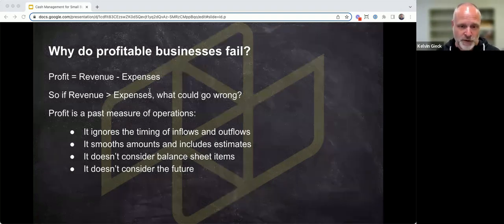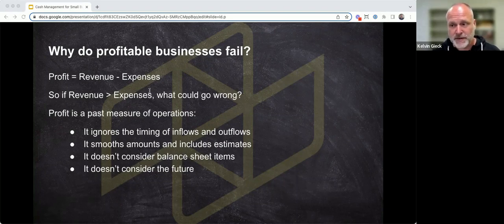And when we use accrual accounting, which is kind of the gold standard of all accounting techniques, profit completely ignores the timing of incoming and outgoing cash. And the best example I can give there is in sales. So maybe you sold a product or a service for $1,000, but did you actually receive payment on that $1,000?